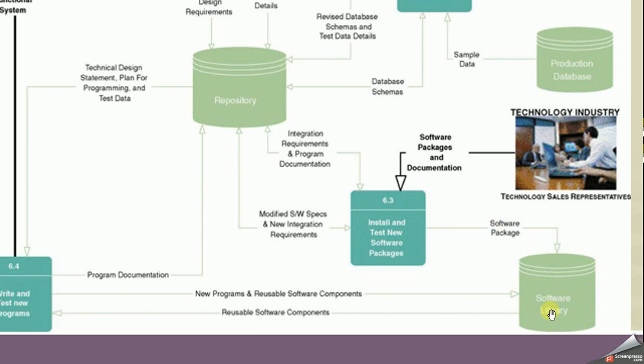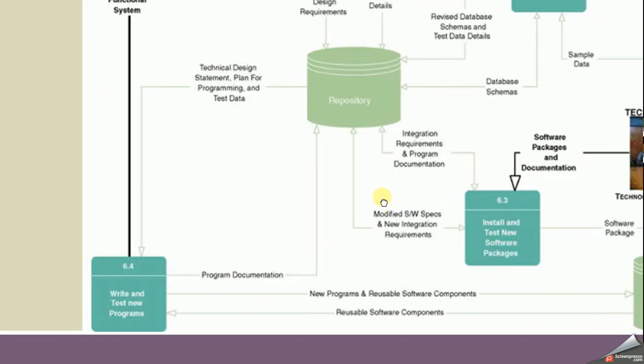It will store them in the software library, and any changes required for the other systems will be stored in the repository, right? Maybe certain things cannot be changed in these purchased packages, but we need to consider these limitations or these new requirements for the other systems that are going to be developed in-house or purchased.